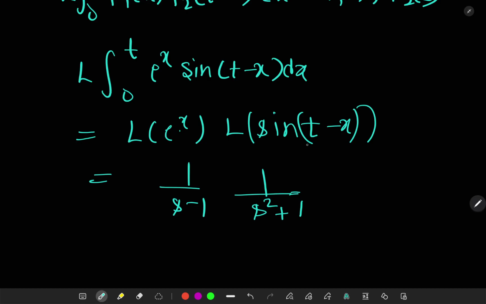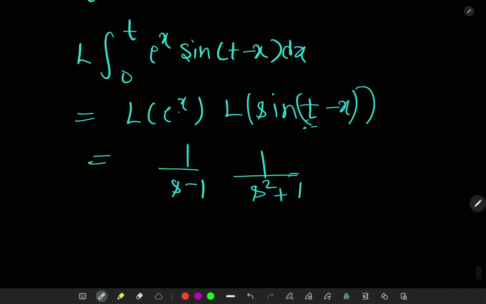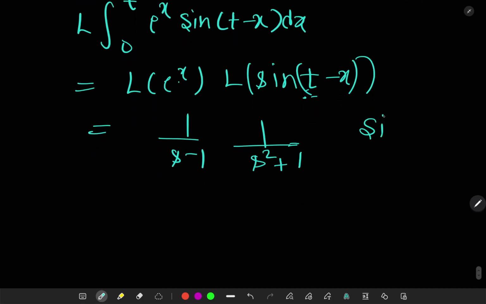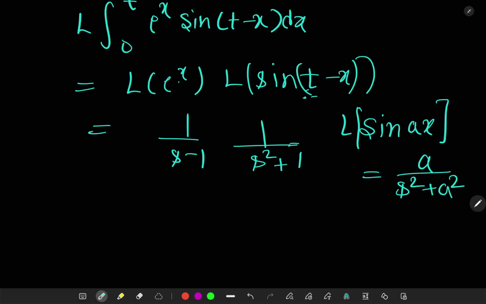Here there is no term multiplied to this term, so we use the Laplace transformation of sin ax equals a by s square plus a square. Here you can see a is 1, and here this x is t minus x.